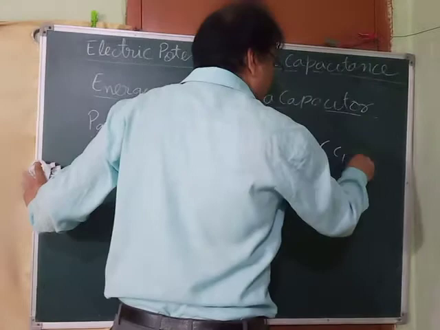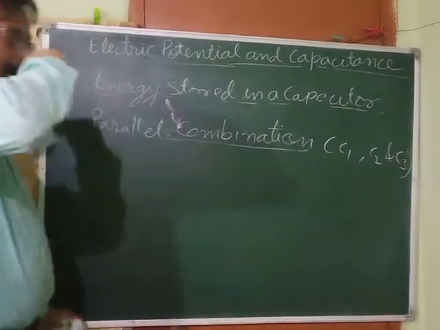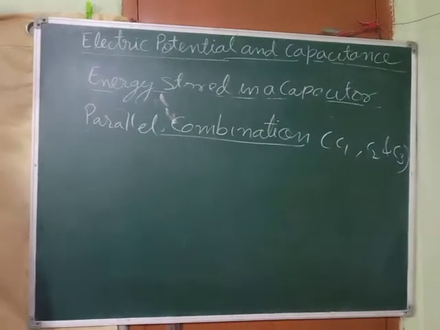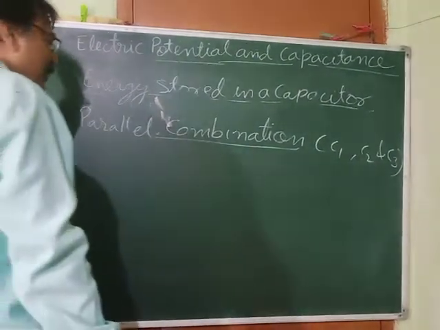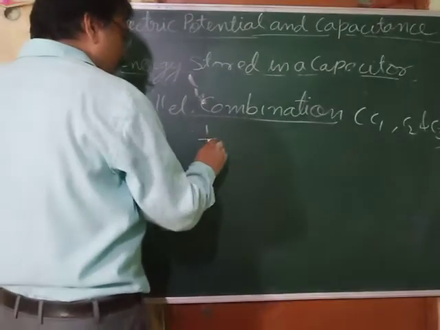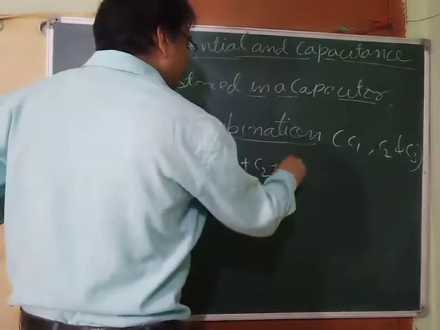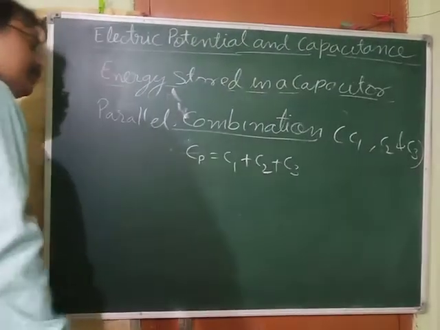Again, the capacitors are C1, C2, and C3. In parallel, what is the same? The potential difference is the same. So in parallel, we write Cp is equal to C1 plus C2 plus C3, and the potential difference is the same.